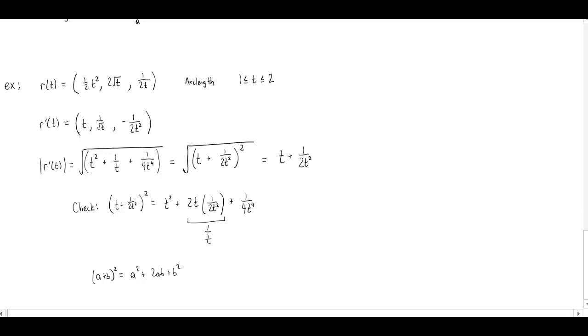So in the end, in order to get the arc length, we're going to integrate from 1 to 2. The formula says we integrate the magnitude of the derivative, and we've already computed that, so I'm just going to plug it in: t plus 1 over 2t squared dt.